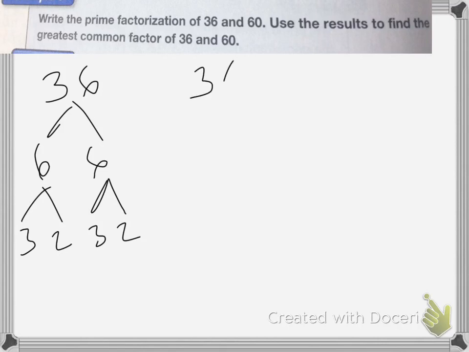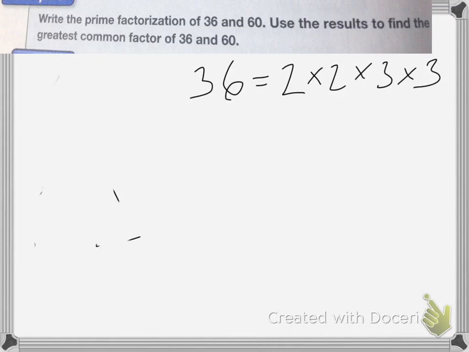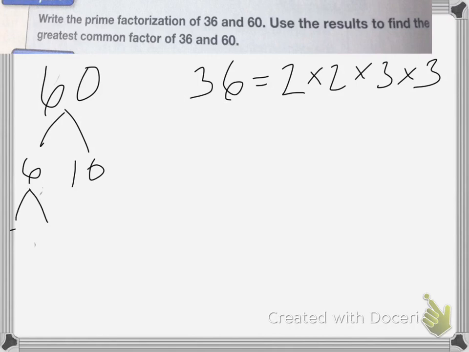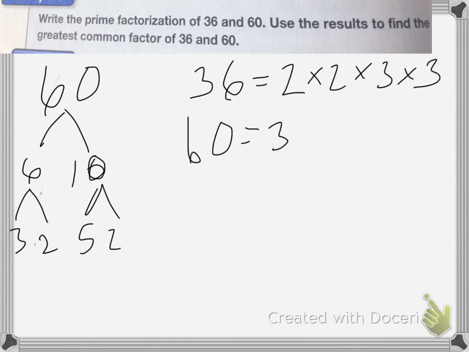Okay, so 36 is equal to 2 times 2 times 3 times 3. And now I'm going to do 60. 6 and 10, 3 and 2, 5 and 2. So 60 is equal to 3 times 2 times 5 times 2.